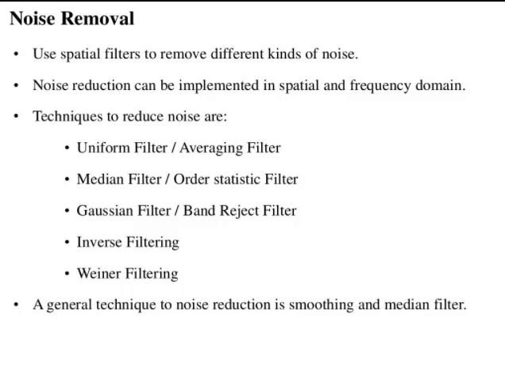Different techniques to reduce noise include uniform filter or averaging filter, median filter, Gaussian filter, inverse filtering, and Wiener filtering. The most general techniques to reduce noise are smoothing and median filtering.